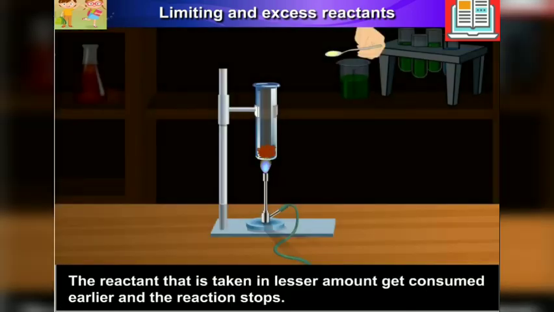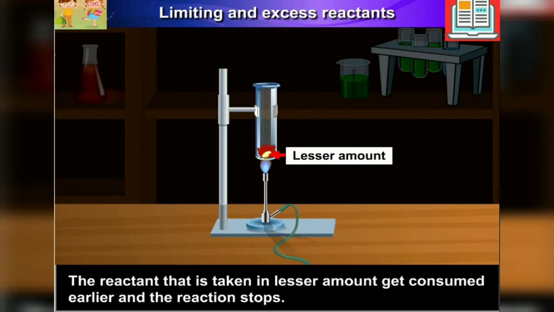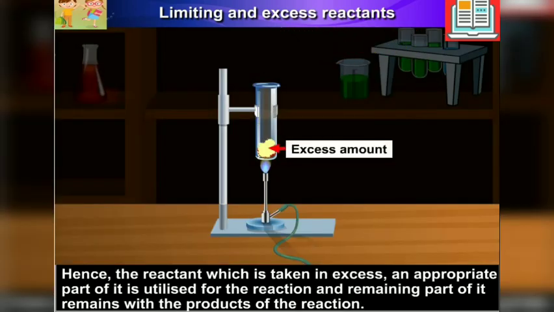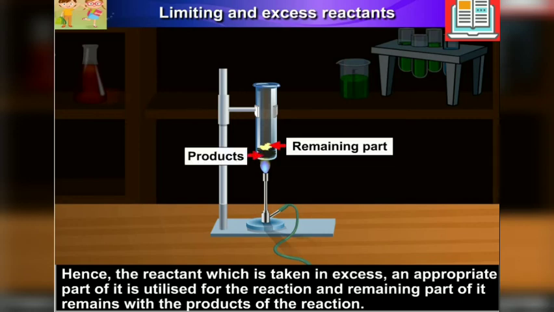The reactant that is taken in lesser amount gets consumed earlier and the reaction stops. Hence, of the reactant taken in excess, an appropriate part is utilized for the reaction, and the remaining part remains with the products of the reaction.